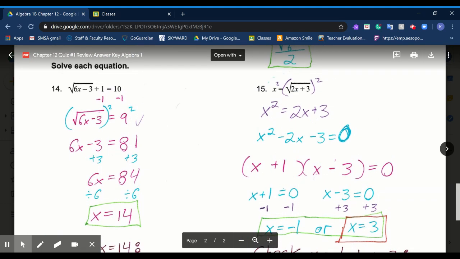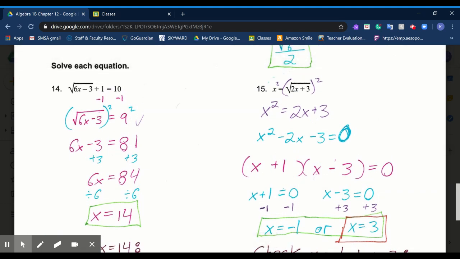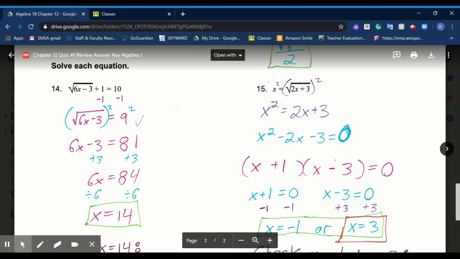And then for 14 and 15, in any of these radical equations, remember after you solve, so if the directions ever tell you to solve, you always have to check your answer. So after we solve the equation, you'll see the steps for checking your answer as well.